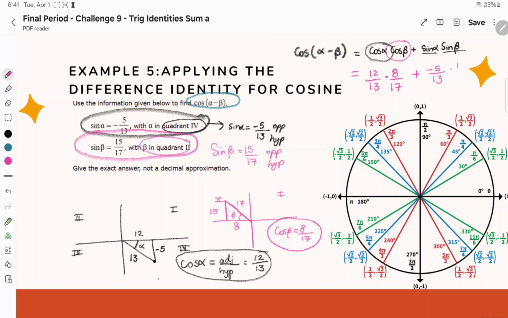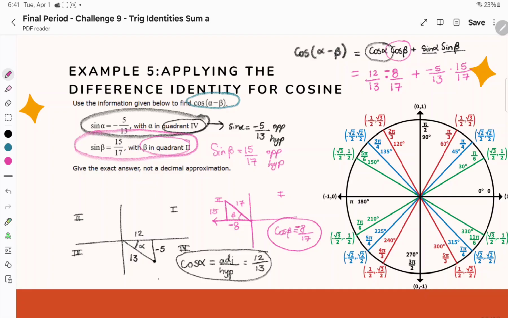Sine of beta is 15 over 17. Okay, great. And I have a mistake here because if you can see, this 8 is gonna be negative, because it's on the negative side of the axis. So I'm just gonna change the sign over here and over here.